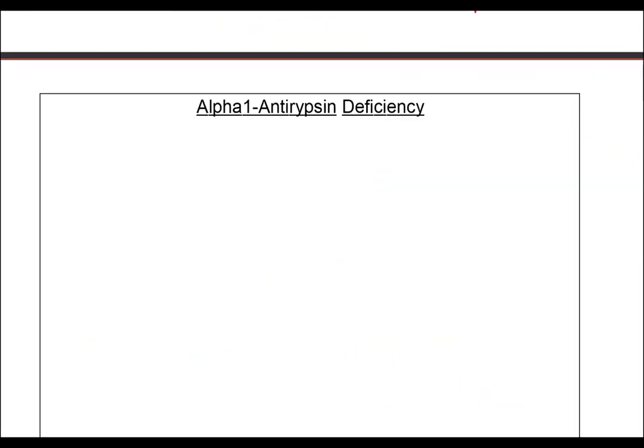By far and away, the largest cause of emphysema in America is going to be smoking. But there's one rare exception to that, and that is alpha-1 antitrypsin deficiency. This is a surprisingly important disease because it's one of the 3 commonest lethal genetic diseases in our society.